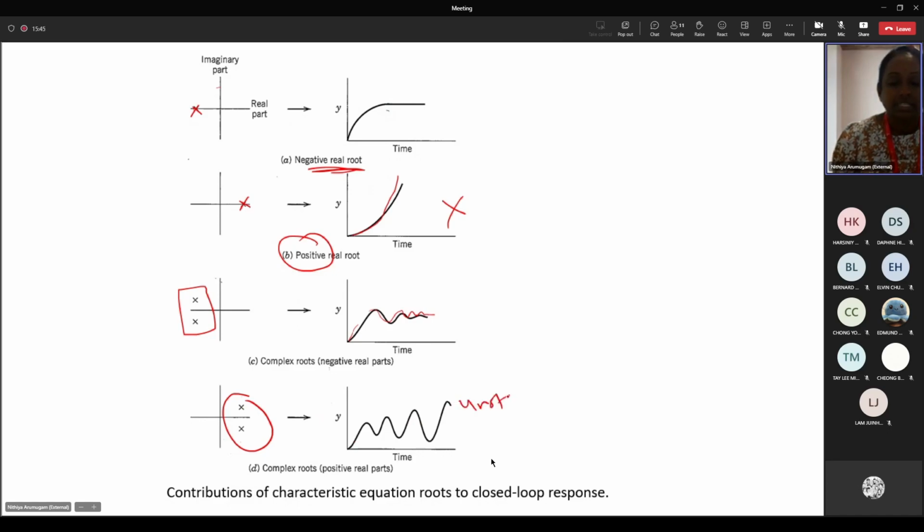This system is unstable because the fluctuation is increasing. The amplitude of the oscillation is increasing. So the condition is: the system is stable if and only if all roots of the characteristic equation are negative or have negative real parts. Otherwise we call that an unstable system.